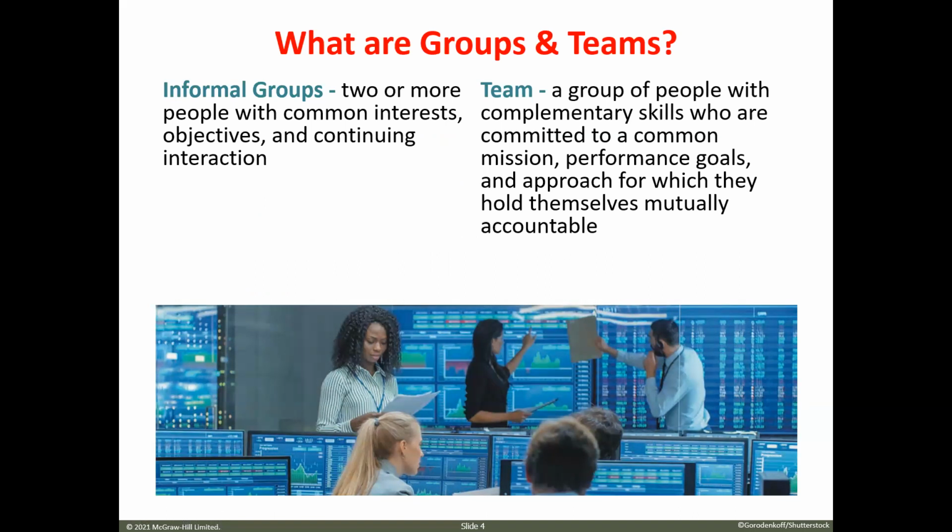They have some complementary skills, and there is a specific goal to accomplish, to achieve an outcome. They have some performance goals and an approach they're going to be accountable for. And these 2 keywords we need to keep in mind.